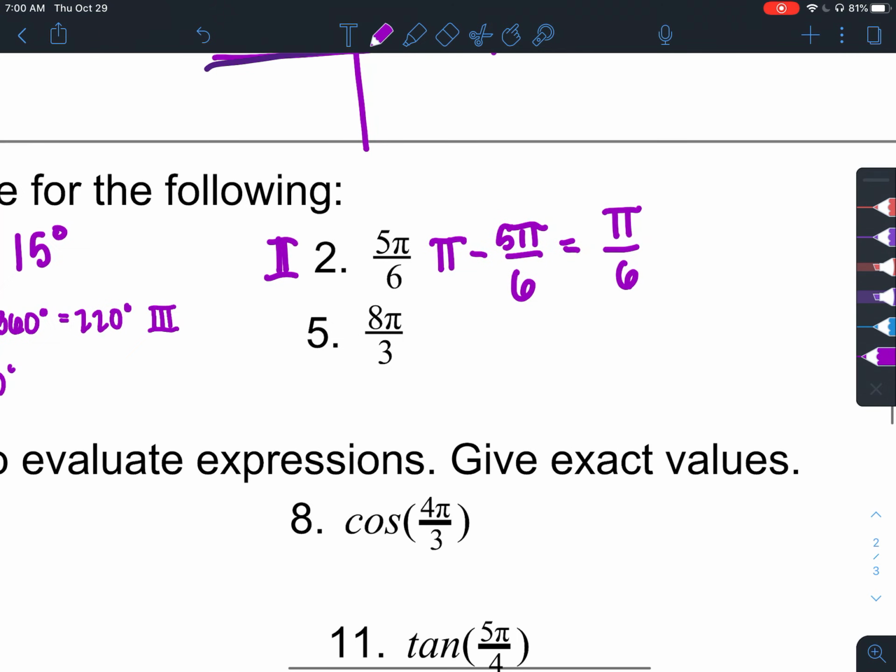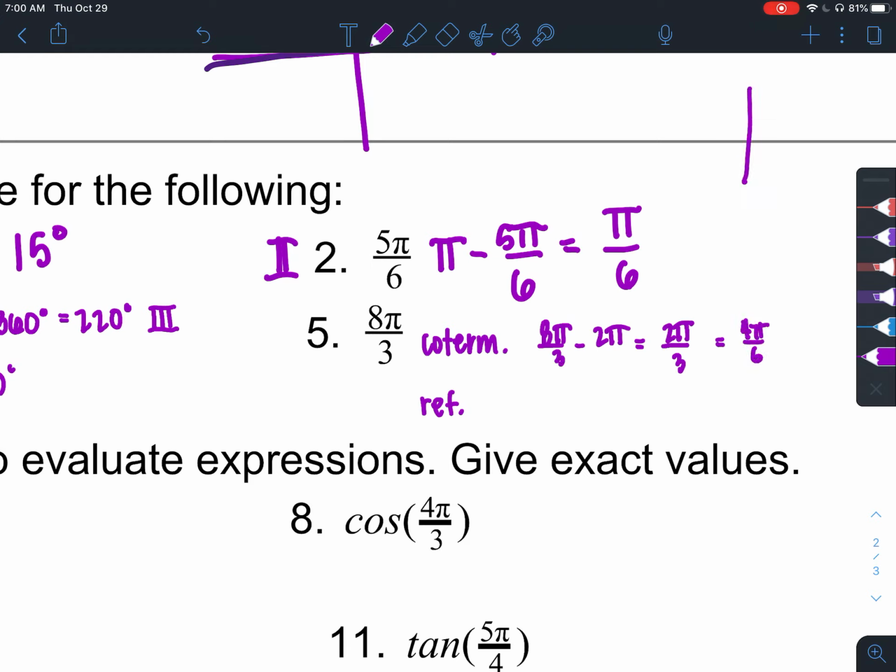All right, for 5, we've got 8 pi over 3. Again, this is bigger than 2 pi, so I'm going to find the coterminal angle first. So I have 8 pi over 3 minus 2 pi. So 6 pi over 3, 8 pi over 3. So I get 2 pi over 3 as that coterminal angle. So then to find the reference angle, 2 pi over 3 is the same thing as 4 pi over 6.